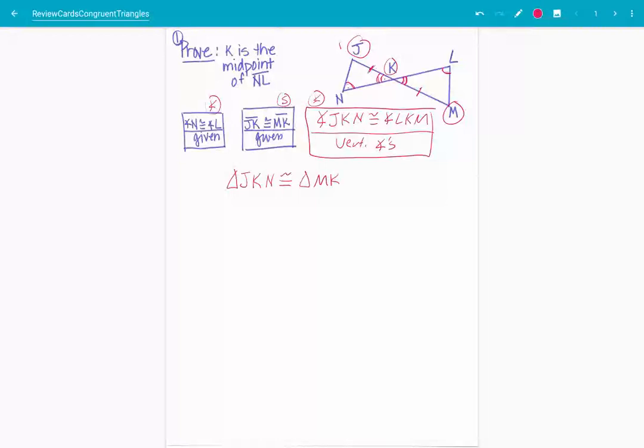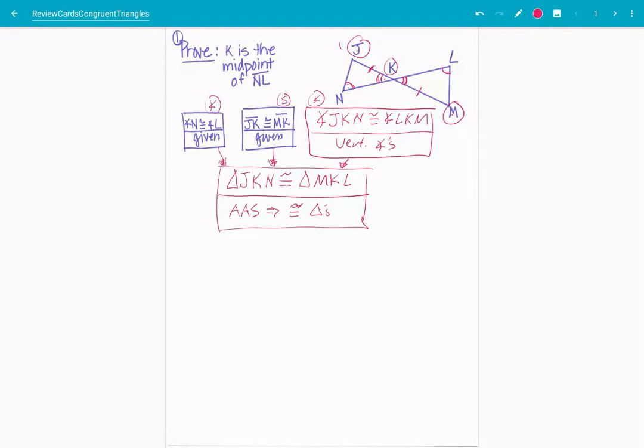So this needs to be MKL. We need to make sure that the parts correspond. So I go from the unmarked angle to the angle with two arc marks, and then over to the angle with the one arc mark. Okay, so there's that. And that was angle, side. So angle, side implies congruent triangles. And there's an arrow there, and an arrow there, and an arrow there.